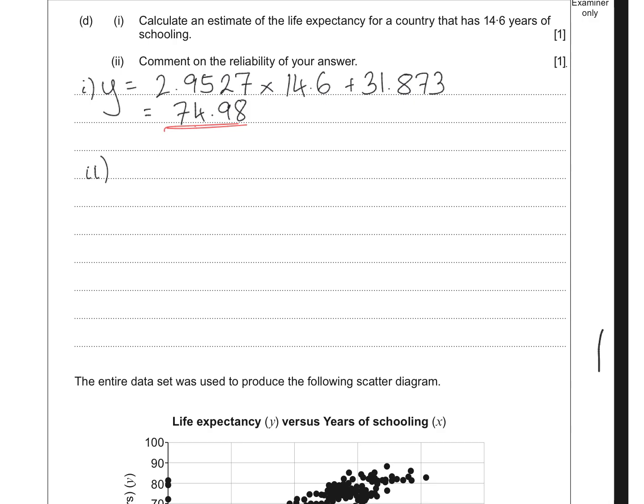If we were extrapolating, I would probably say it may be unreliable, but in this case, I'd say it's likely to be reliable, since interpolating.